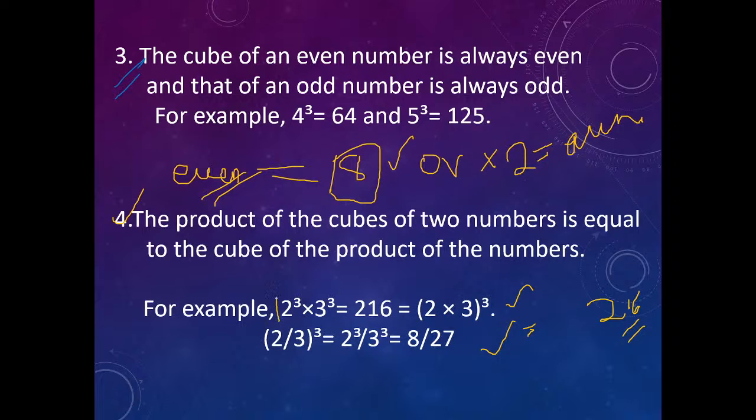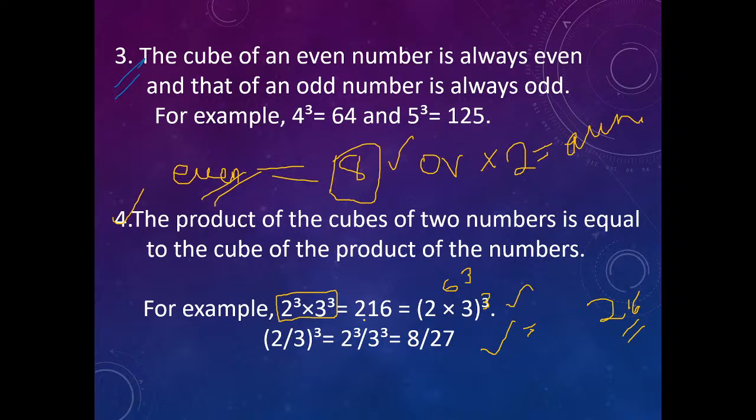So instead of finding 2 cube and 3 cube separately, we can keep it as 2 into 3 and take the cube. So what is 2 into 3? 6. Now what is 6 cube? 216. So both ways you will get the same answer, students.